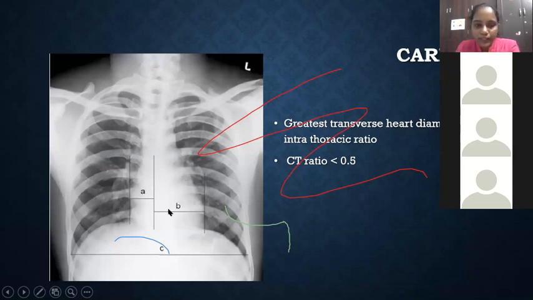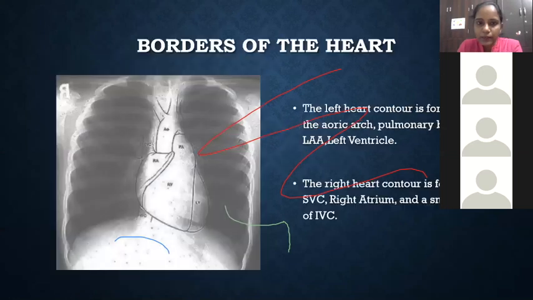And the ratio of the cardiac diameter to the thoracic diameter should be less than 0.5 to tell that there is no cardiomegaly. So this is the first point to look at in the cardiac shadow.